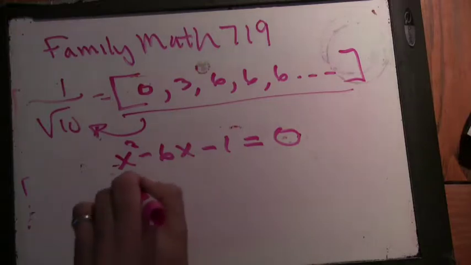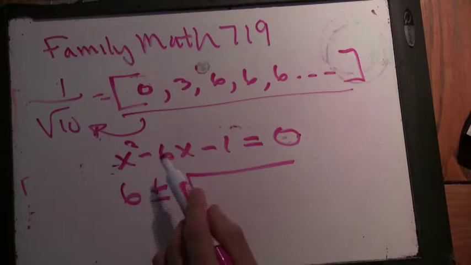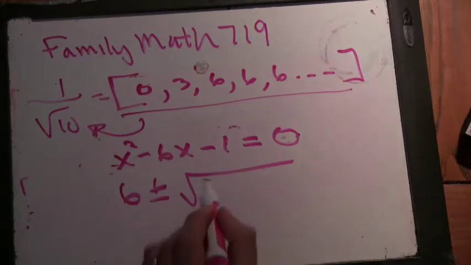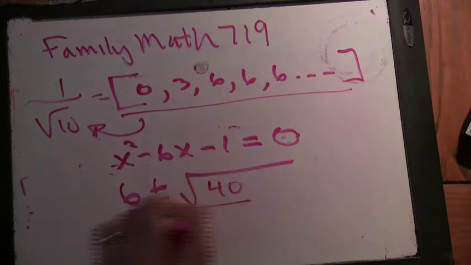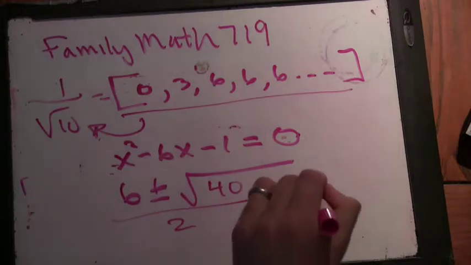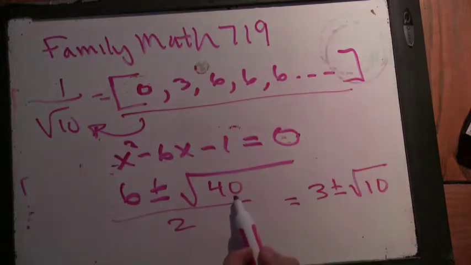Okay, so I get 6 plus or minus the square root of b squared, 36, plus 4, so 40, all over 2, which is 3 plus or minus the square root of 10, because a 4 comes out of this, turning into a 2.